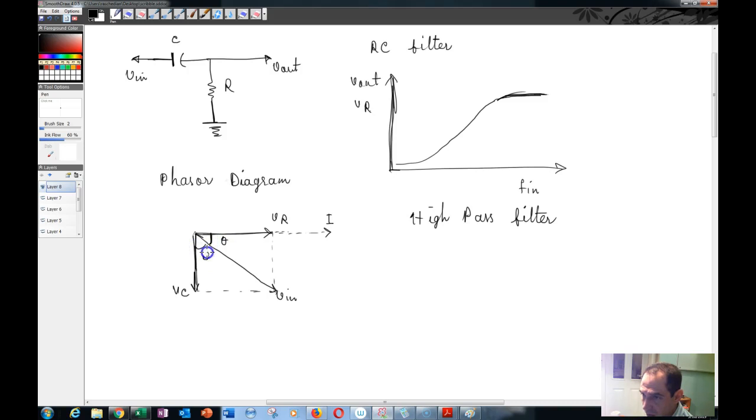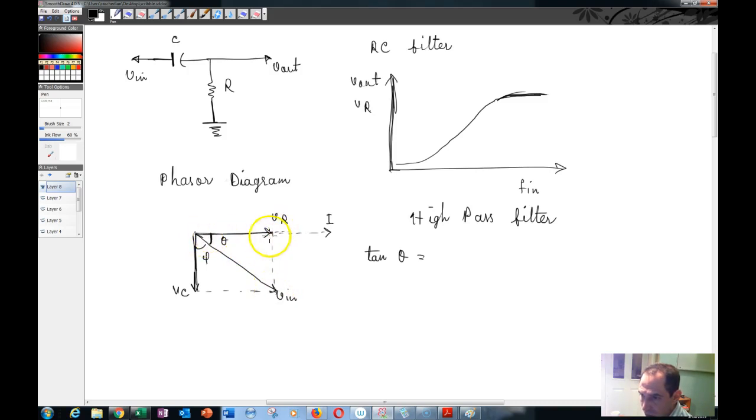This angle you can call phi, for example. In this phasor diagram, if you were to calculate what theta is, you could write tan of theta is equal to the side in front of the angle, opposite over adjacent.